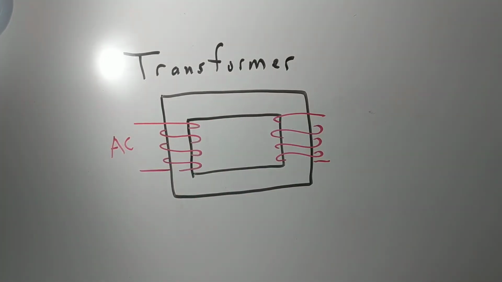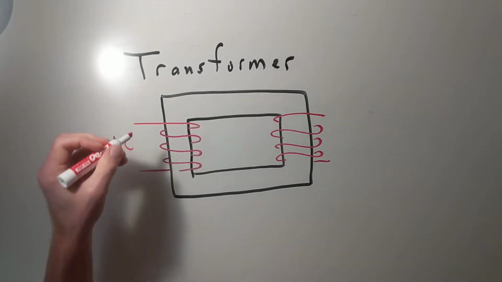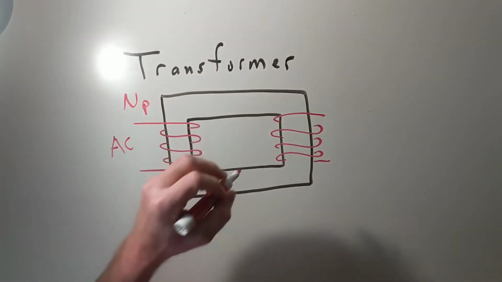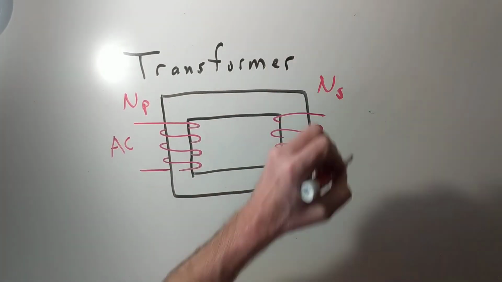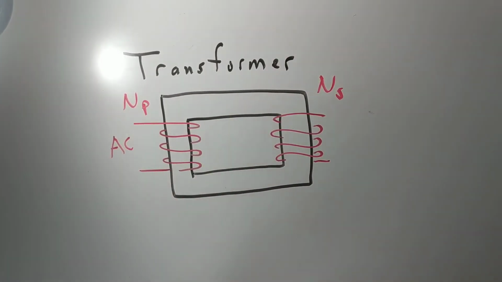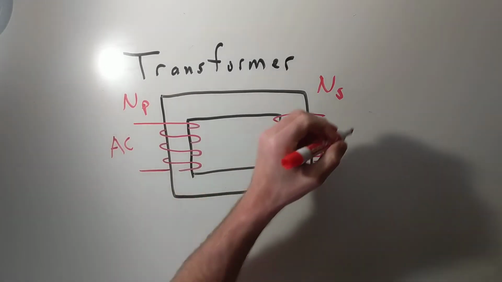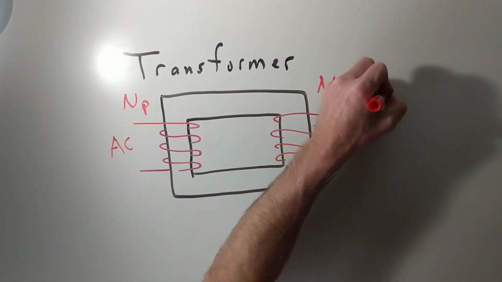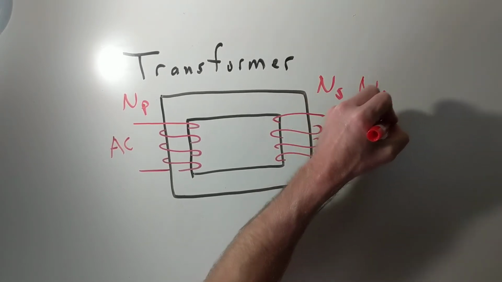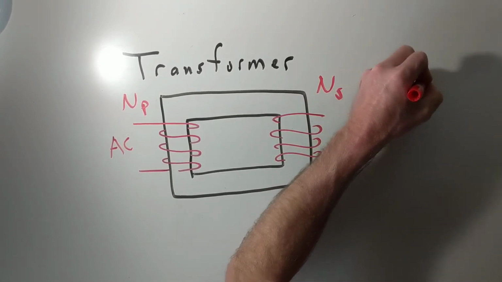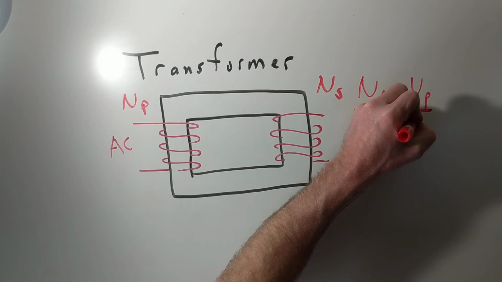Now, what happens is that the number of turns in the primary and the number of turns in the secondary, this is literally how many times it's wrapped up, is proportional to the voltage. So the main rule here is that the number of turns in the primary over the number of turns in the secondary is equal to the voltage of the primary divided by the voltage of the secondary.